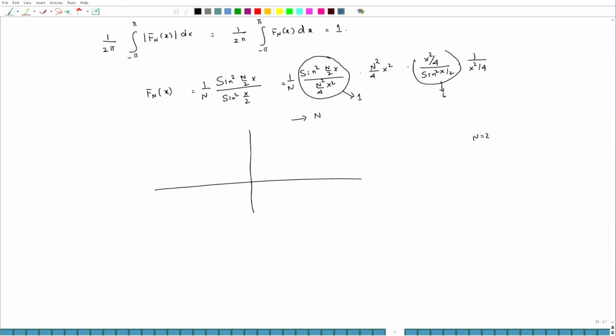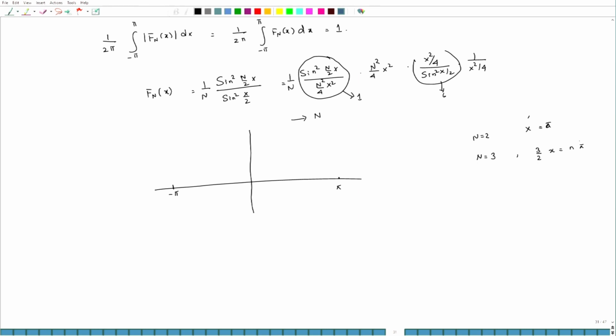Here n by 2 is 1, therefore x is equal to pi, so sine pi or minus pi is 0. This is an even function. Now, if n equal to 3, then 3 by 2 of x is equal to n pi.